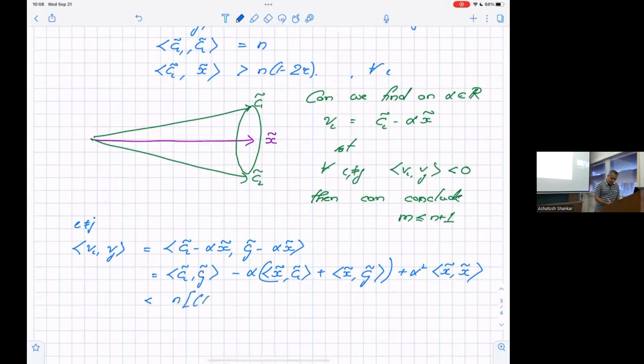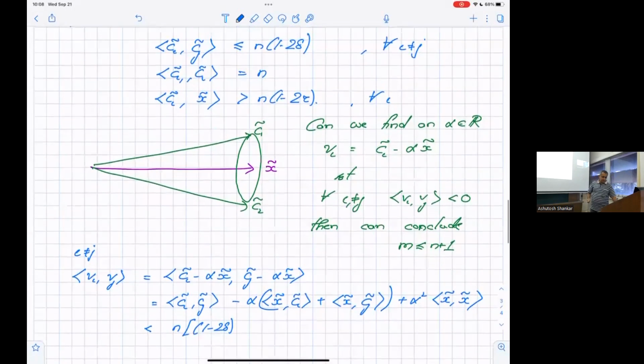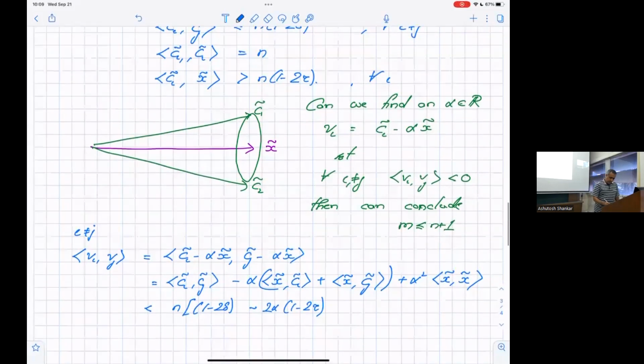This is less than or equal to 1 minus 2 delta, because of the bounds. Each of these comes with a minus sign, so minus 2 alpha times 1 minus 2 tau, and alpha square.